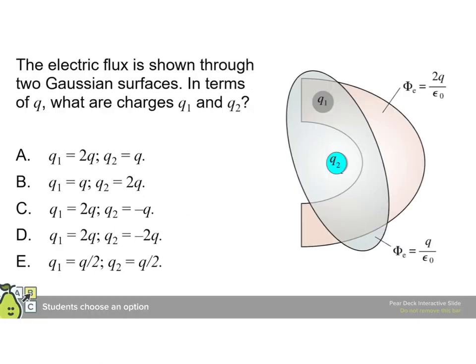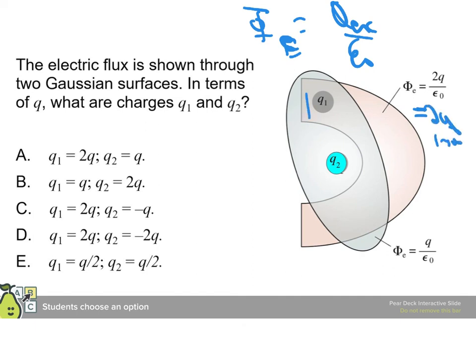The electric flux is shown through two different Gaussian surfaces. In terms of charge Q, what are charges Q1 and Q2, where this off-color kind of tan surface has a flux which is 2Q over epsilon naught, and this grayer surface has a flux which is just 1Q over epsilon naught? And we know that the flux through the surface is equal to the charge enclosed over epsilon naught. So for this first one, it says that there's 2Q inside.